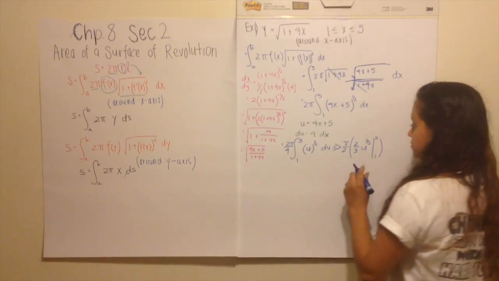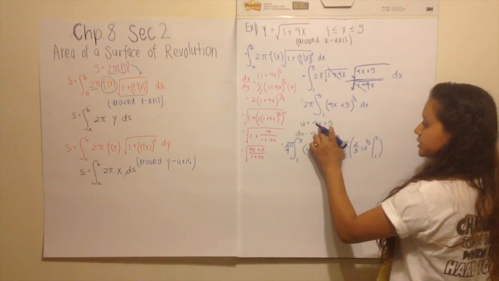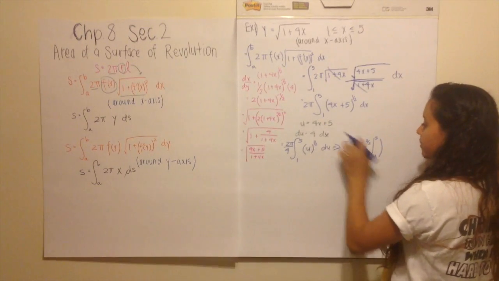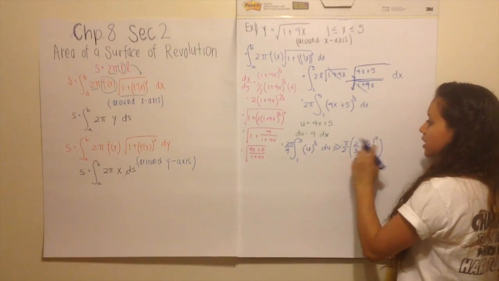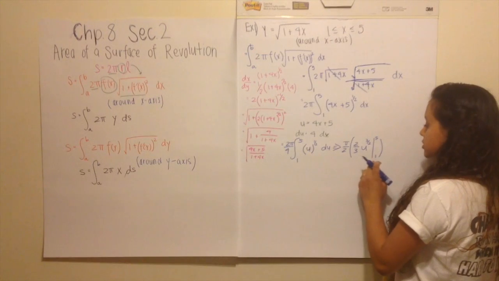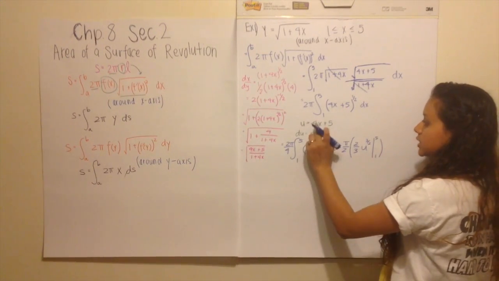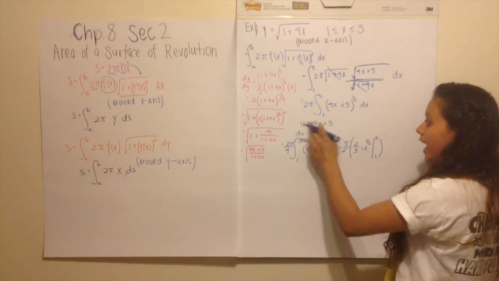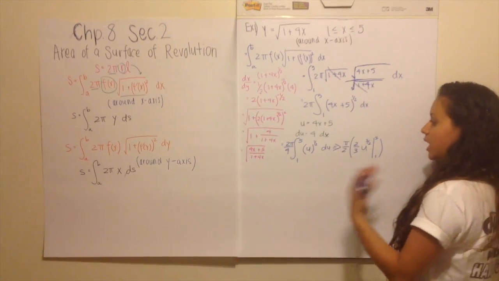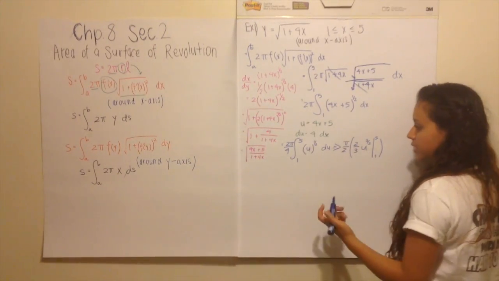Now what I like to do is plug back in my u. You can also plug your intervals in here, and that way you don't have to put it back, but I like to do it that way. I always like to put back my u's.